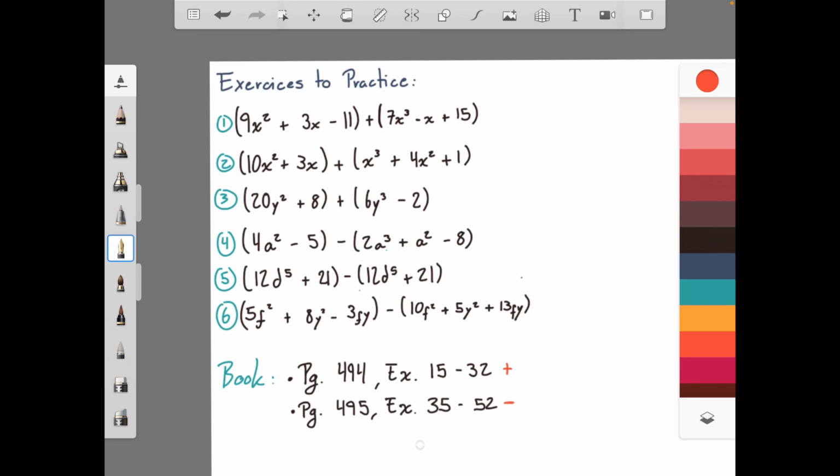The first one, page 494 from 15 to 32, is about adding both in vertical and horizontal ways, and page 495 is based on subtracting polynomials. So it's basically just a quick review.